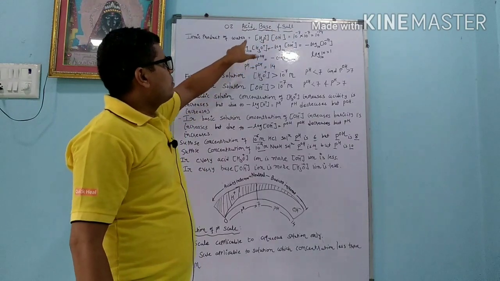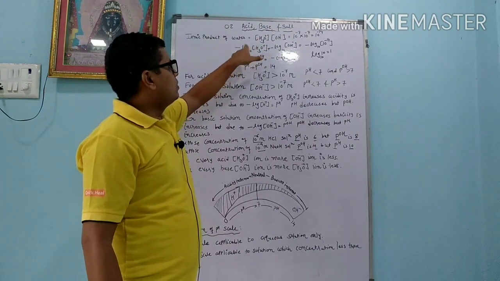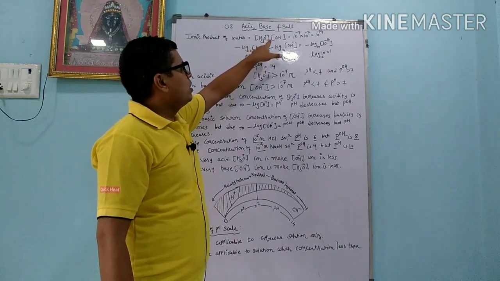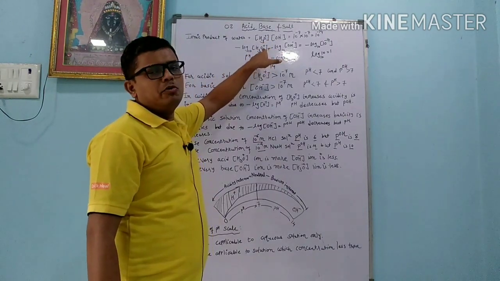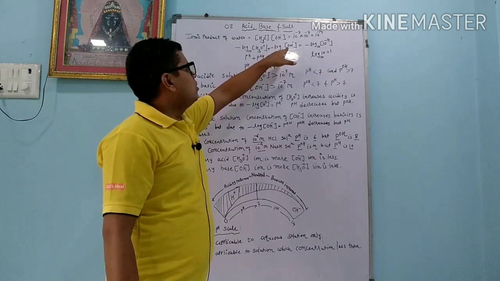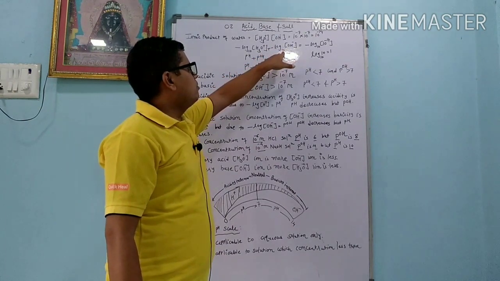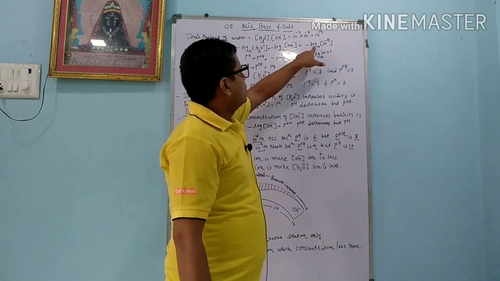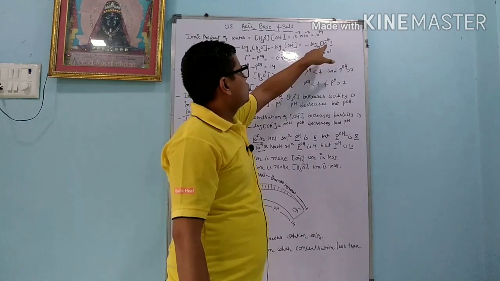Now we apply minus log of them, minus log base 10 concentration of H3O plus ion. In logarithm the multiplication is converted into addition. So plus minus log base 10 concentration of OH minus ion equals minus log base 10 of 10 raised to minus 14.